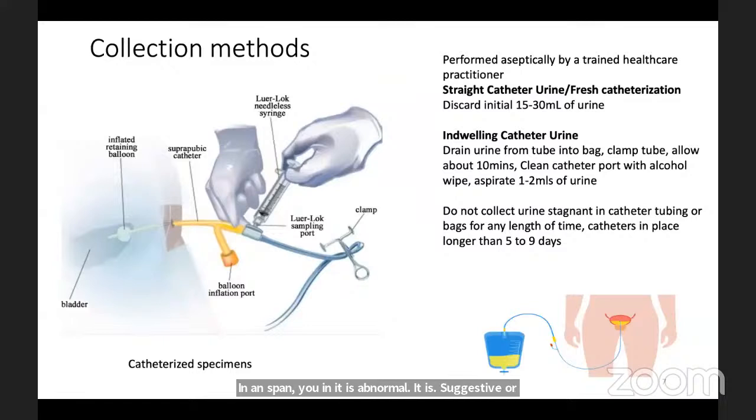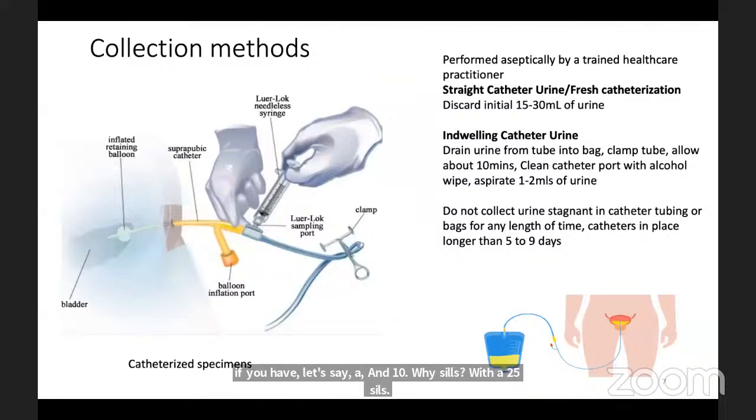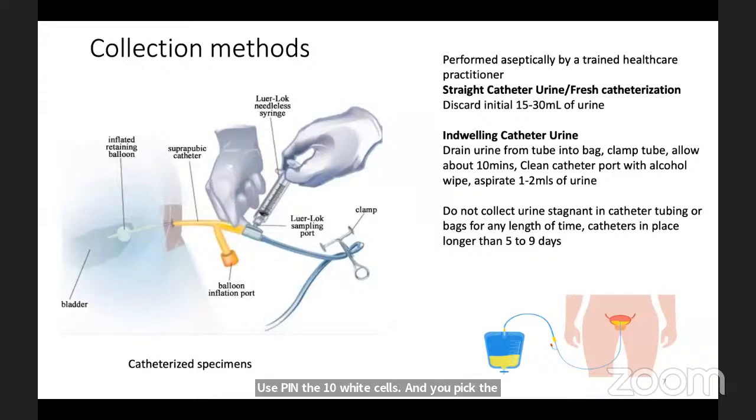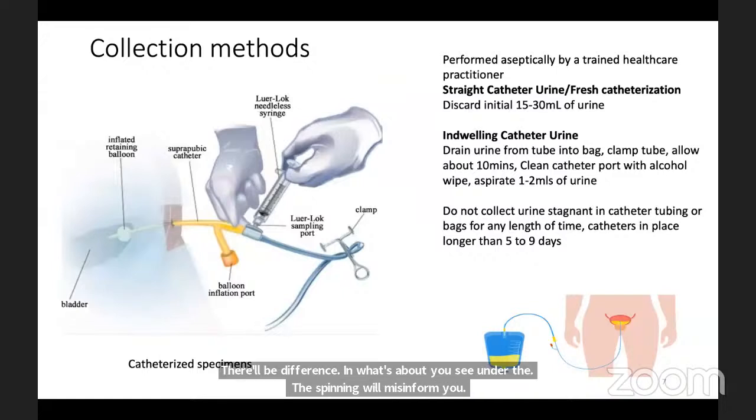So if you have, let's say, a urine with 10 white cells, and you have another urine with 20 white cells, you spin the 10 white cells and you spin the 20 white cells. There'll be difference in whatever you see under the microscope. The spinning will misinform you.